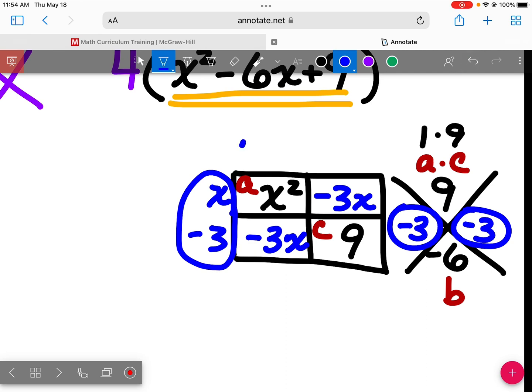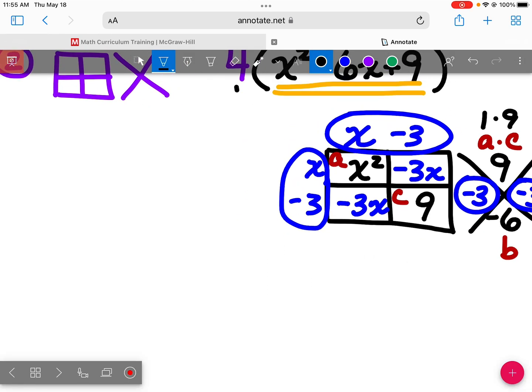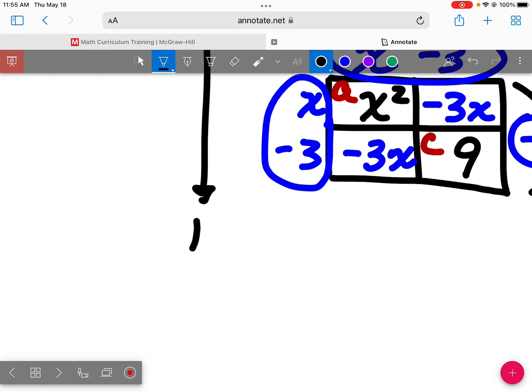All right, let's do columns. X squared, negative 3x. Just an x. Negative 3x and 9? Negative 3. So I got 2 of the same thing. So factored form, don't forget the 4. That is a factor.